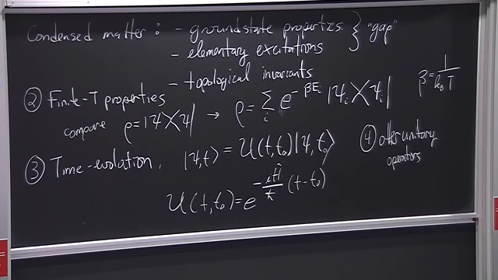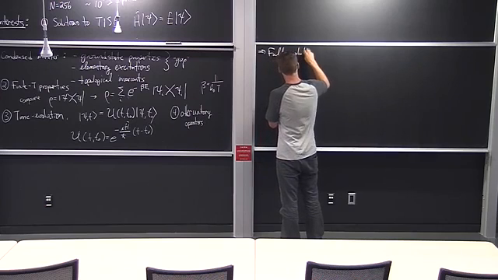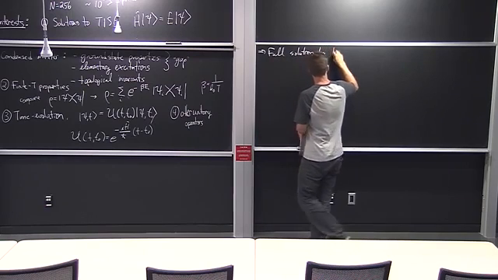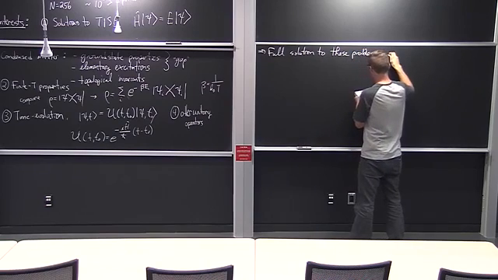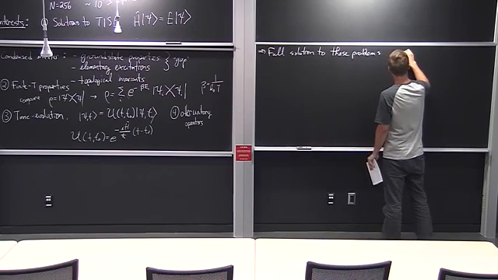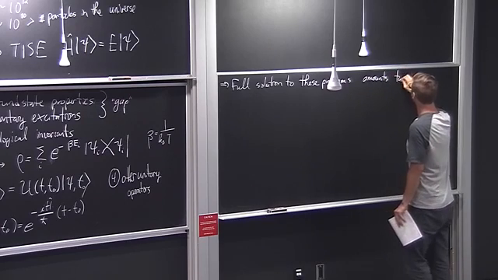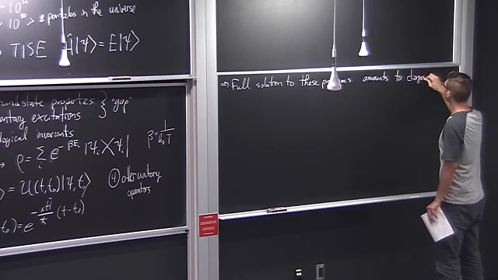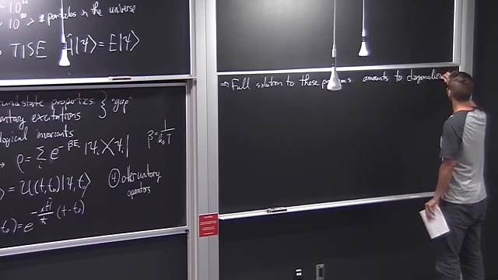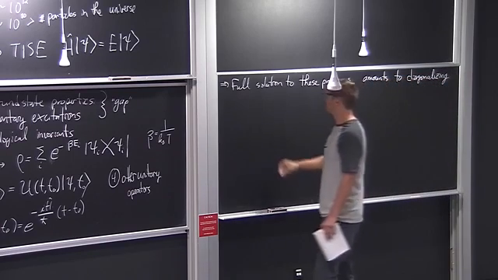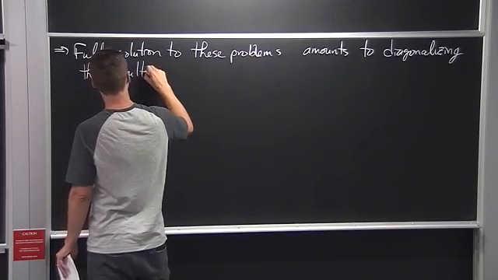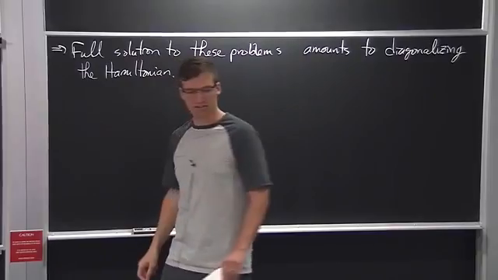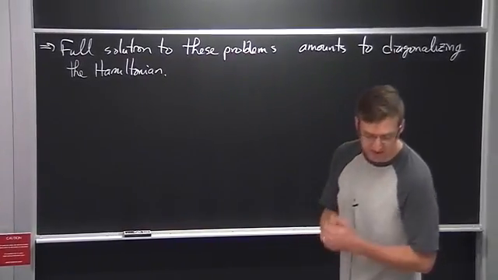So all of these things imply that the full solution essentially amounts to diagonalizing the Hamiltonian.